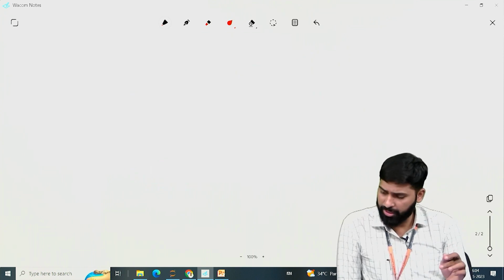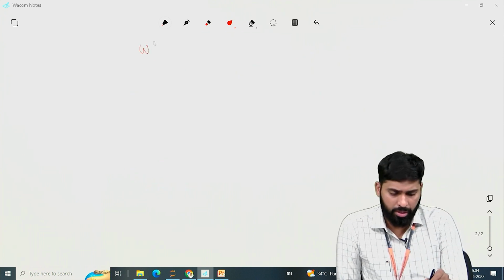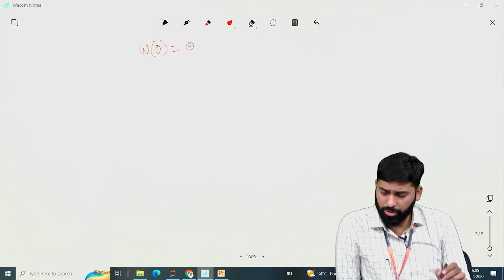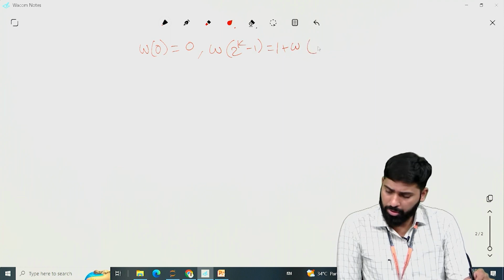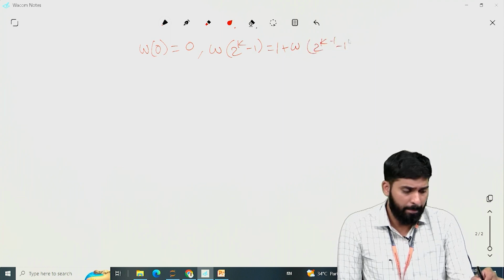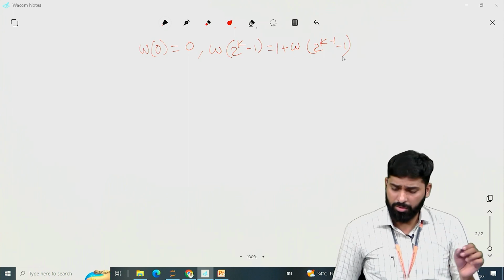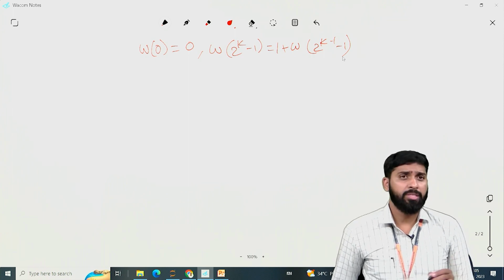So we consider the worst case: W(0) equals 0, and W(2^k minus 1) equals 1 plus W(2^(k-1) minus 1). This is now solved by the repeated substitution method.